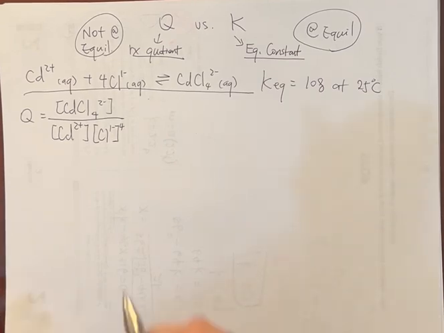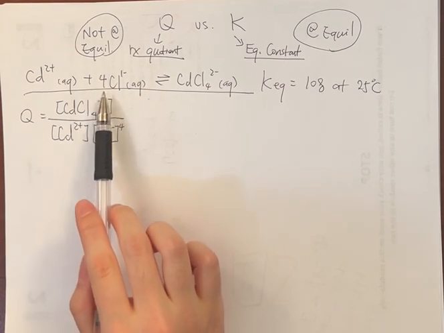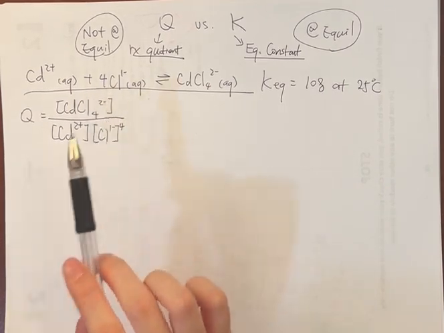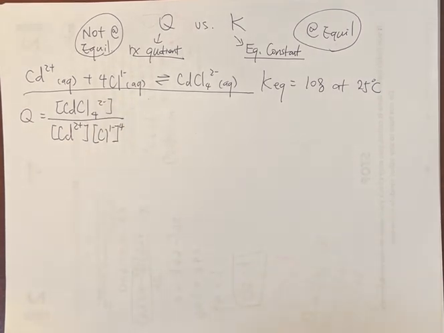Because when you're writing the reaction quotient, whatever the coefficients in front of the reactants or products, they have to become the power when you're writing the reaction quotient or equilibrium constant. So they work in the same way, but they're defined for different meanings and used in different situations, which we'll talk about later.